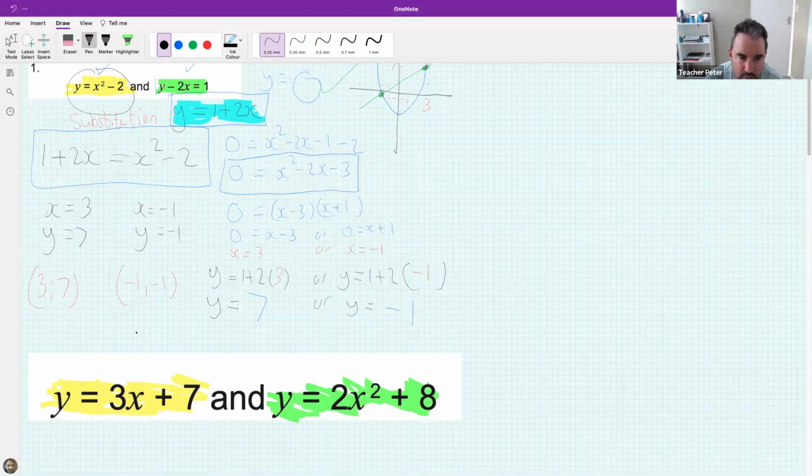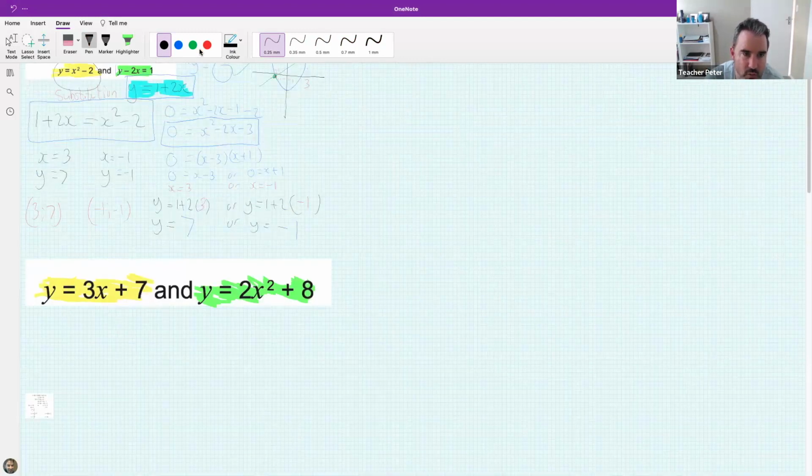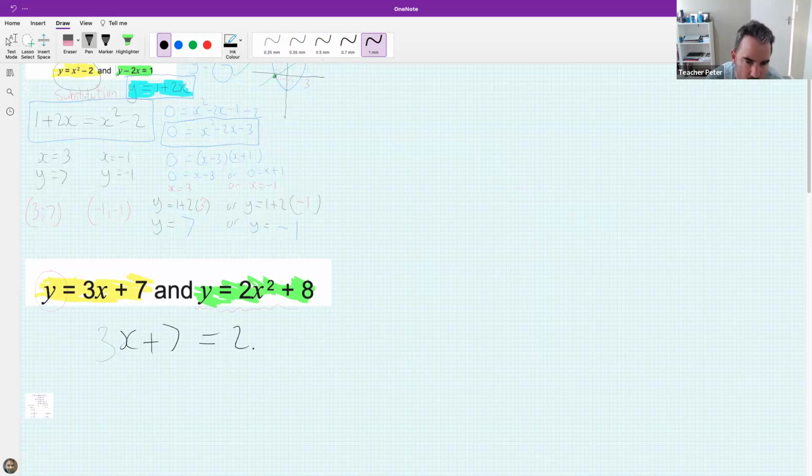So step one is actually replace the y here with the y on this side. So you have to go from there.